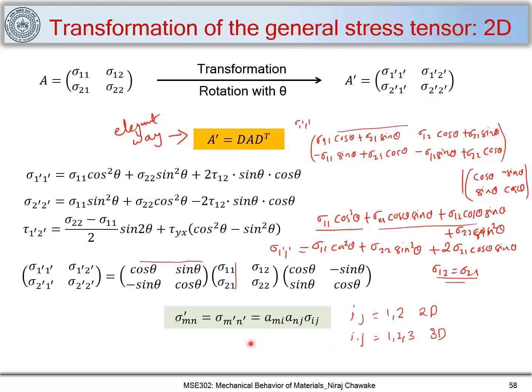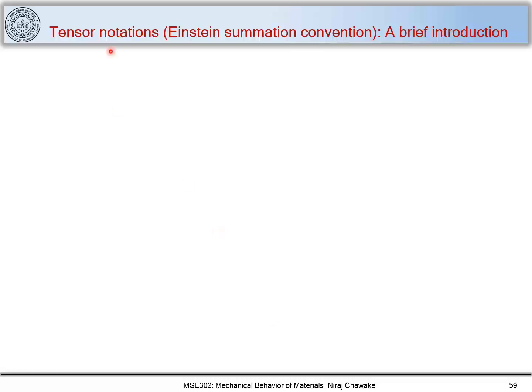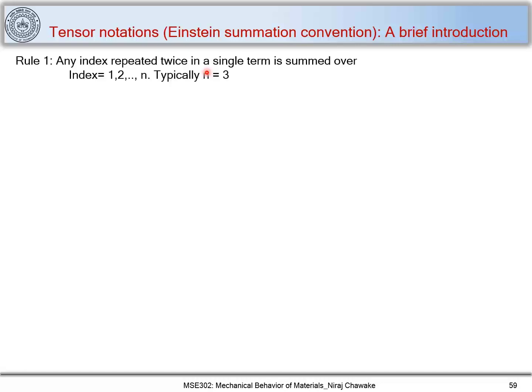So let's understand what exactly these conventions are. Let me give you an introduction to it. These are called tensor notations or the Einstein summation convention. In itself it's a very big topic. Here we will be dealing with a very brief introduction, which will be useful for our course.